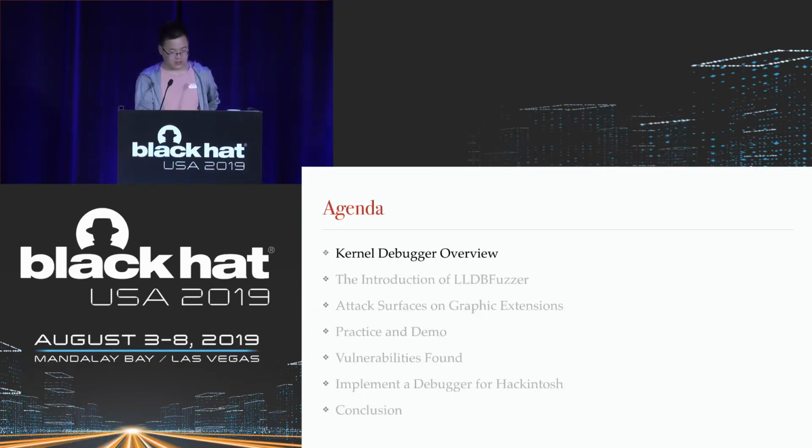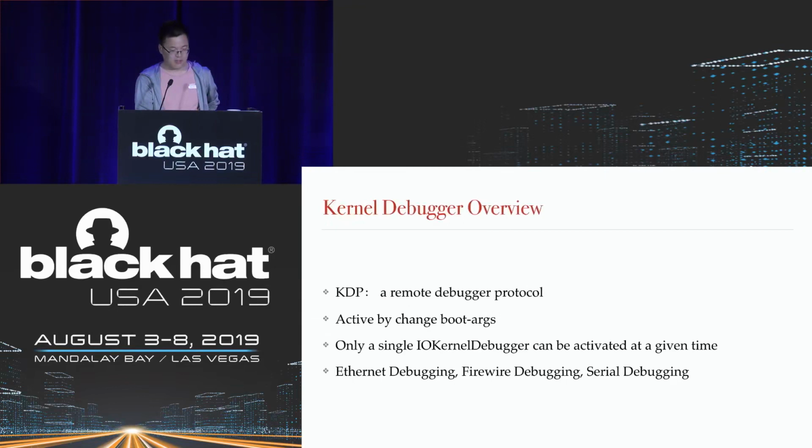First, we will introduce the overview of the kernel debugger. We can use the KDP protocol to debug a remote device. This can be activated by modifying the boot args using NVRAM. And only a single debug mode can be activated at a given time. macOS has implemented different kinds of debugging with the kernel, including Ethernet debugging, firewire debugging, and serial debugging.